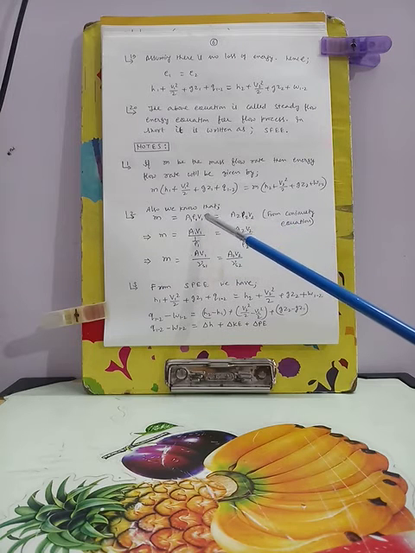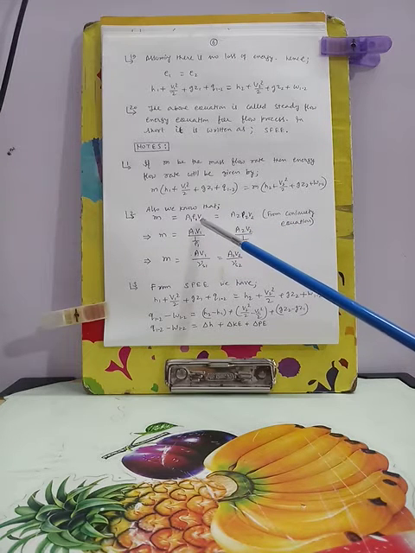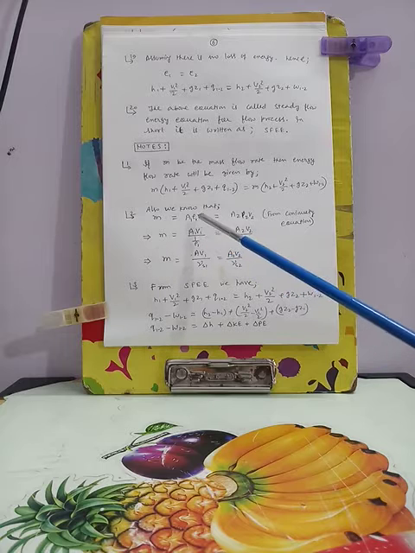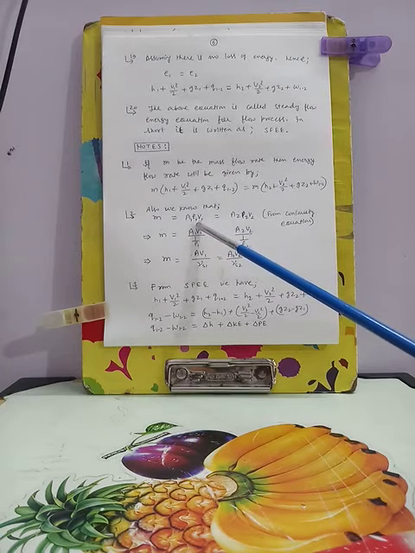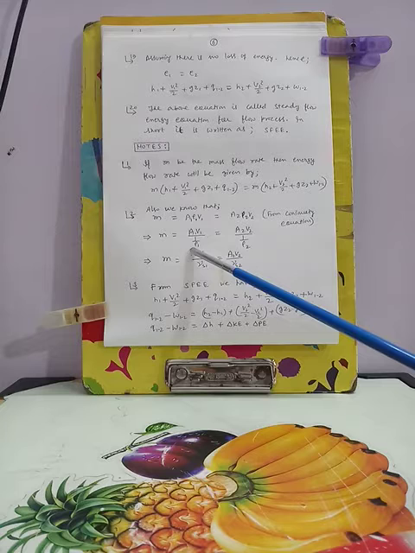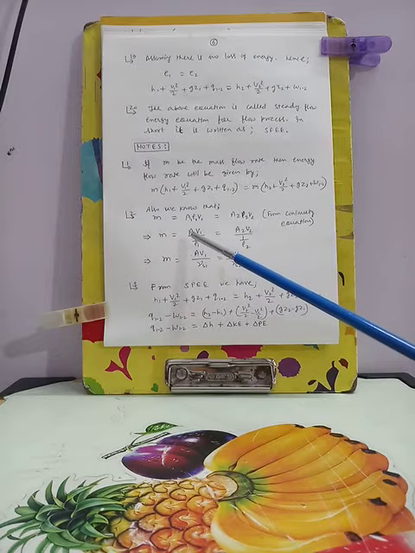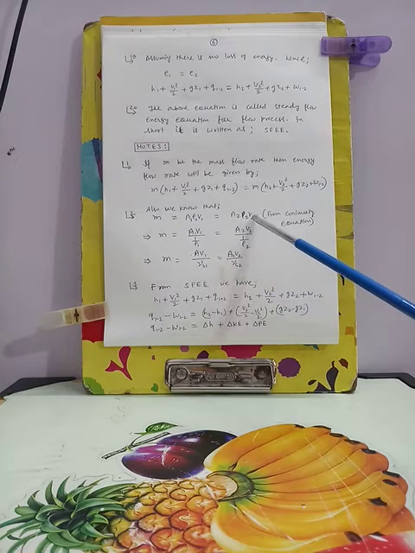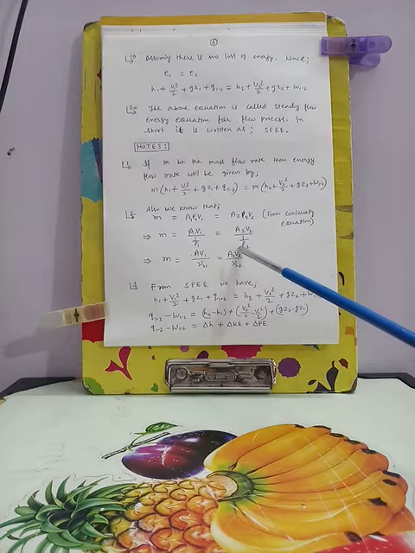So let us modify this a little for our interest. Let us take this density in the denominator. So we can write 1 by rho 1, and similarly here 1 by rho 2.